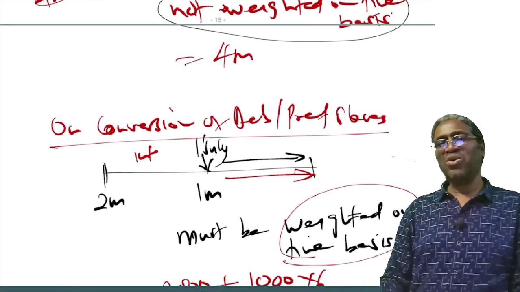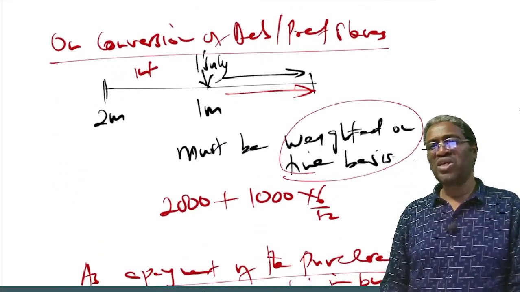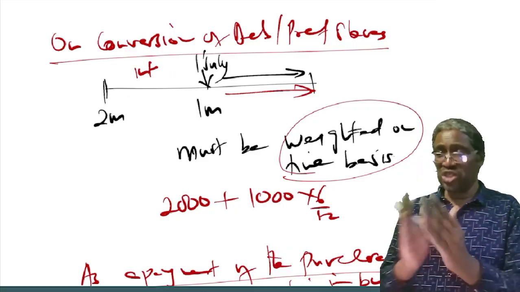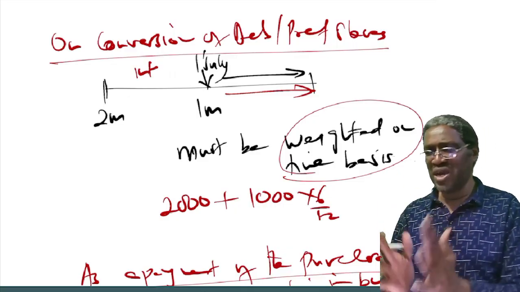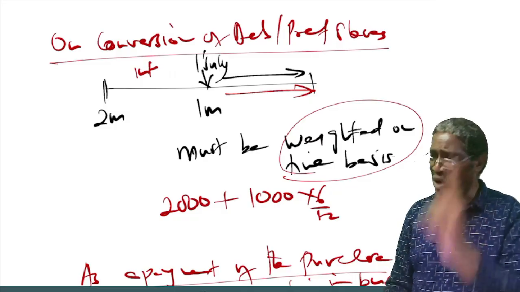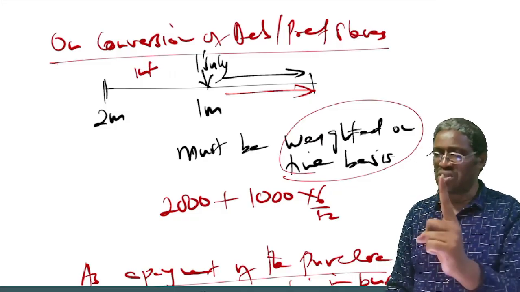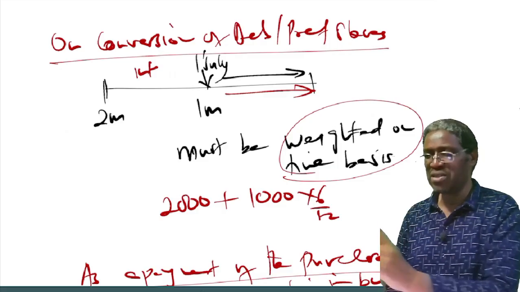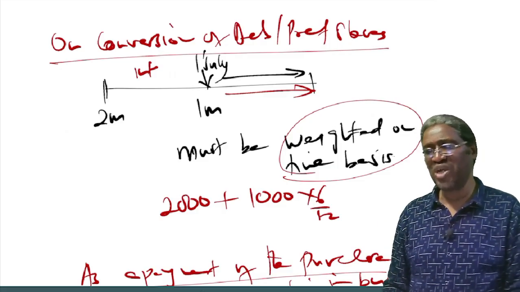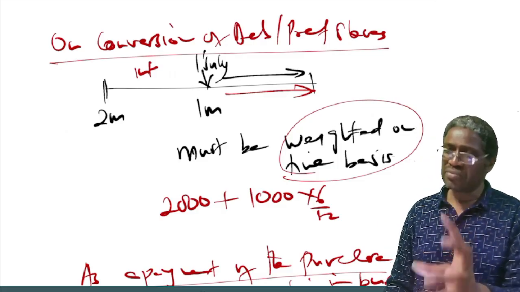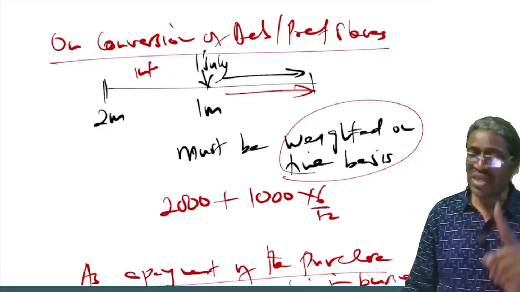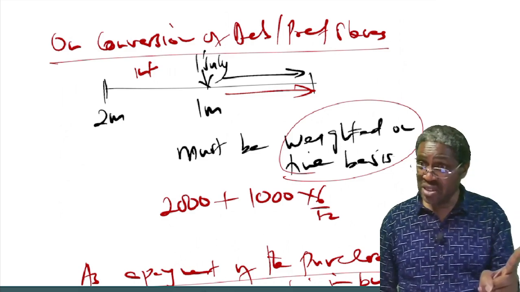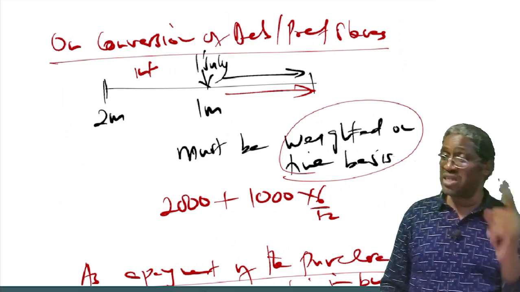From there, we also reminded ourselves how to deal with conversion. When shares are issued on conversion of preference shares or debentures into ordinary shares, one rule only: they must be weighted on time basis, because remember, these guys were already earning. If they are debenture holders, they were already earning interest.